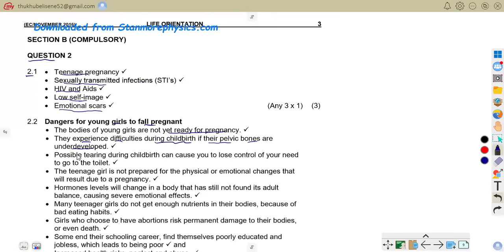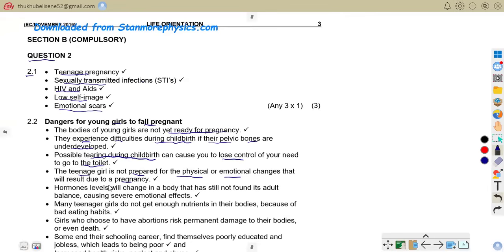Young girls are more likely to experience complications like long and painful labor, and possible tearing during childbirth, which can cause you to lose control of going to the toilet. We're talking about possible tearing during childbirth because their birth canal is small and not fully developed. The teenage girl is not prepared for the physical or emotional changes that result from a pregnancy.